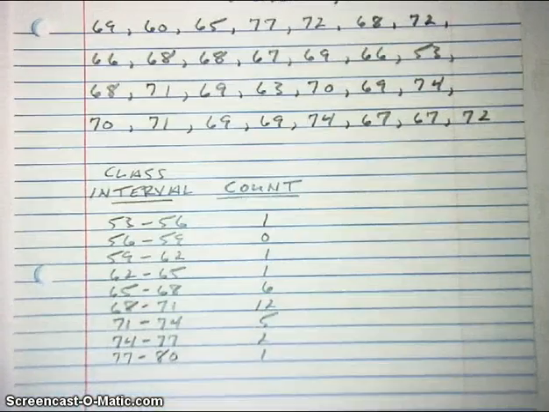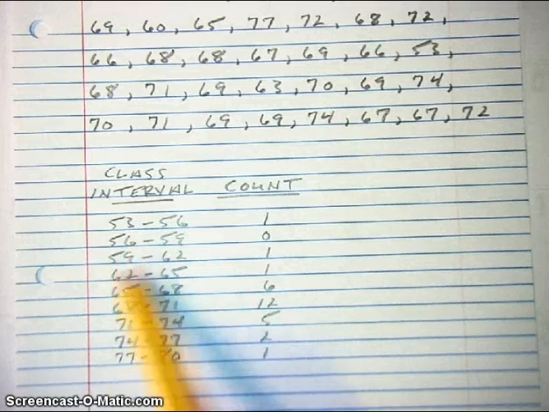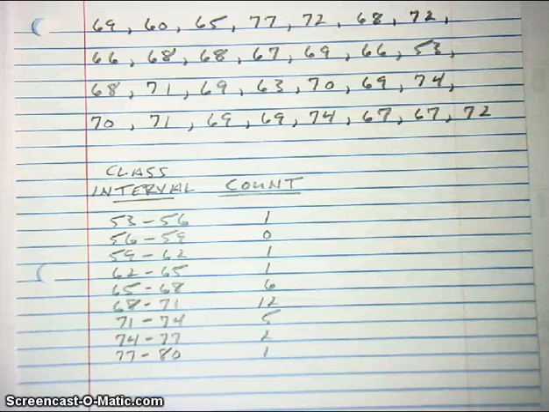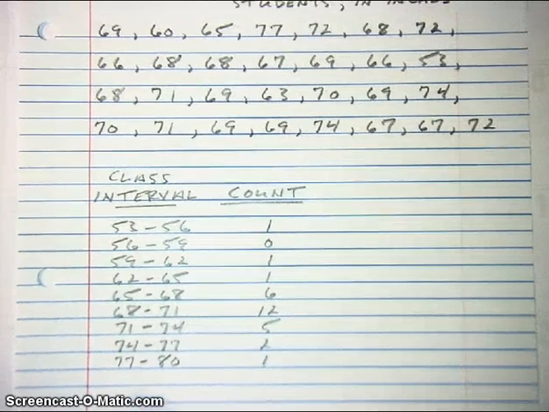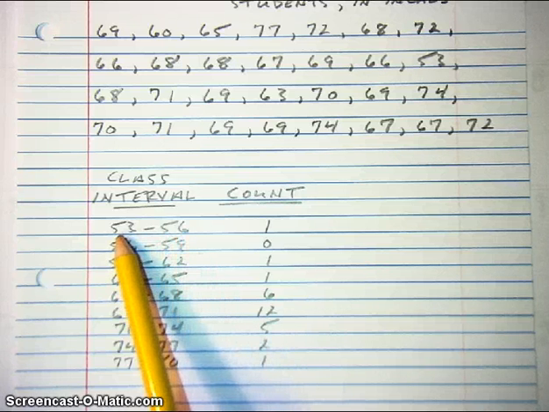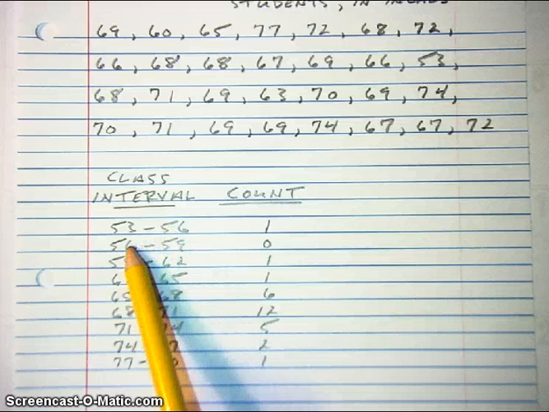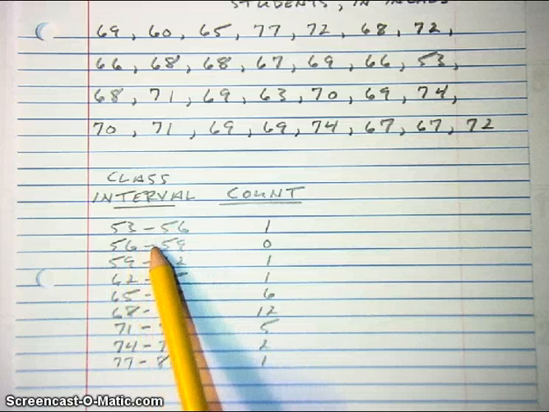So I have class intervals that run from 53 to 56 inches, 56 to 59 inches, etc. And then I counted how many observations would fall within each interval. Now, if I'm looking at this interval from 53 to 56, I would include a value of 53 in that interval, but I would not include 56. If I see a value of 56 in my data set, that would go in this interval right here.